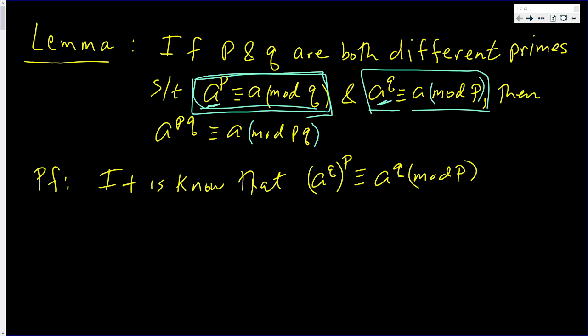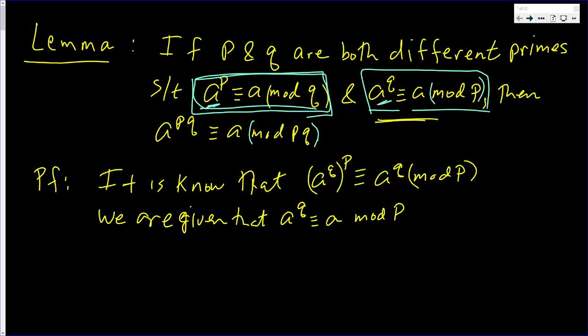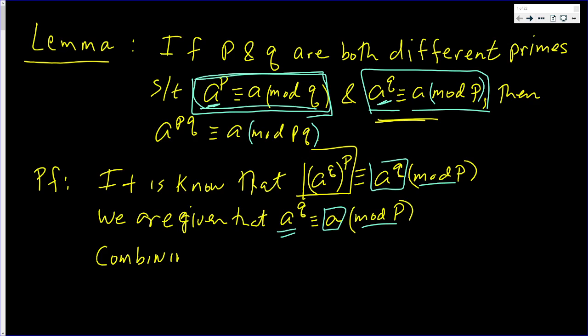Now, we're given the following. We are given that a to the q is congruent to a mod p. Well, this here is congruent to a to the p, which in turn is congruent to a, everything in mod p. Combining yields the following.